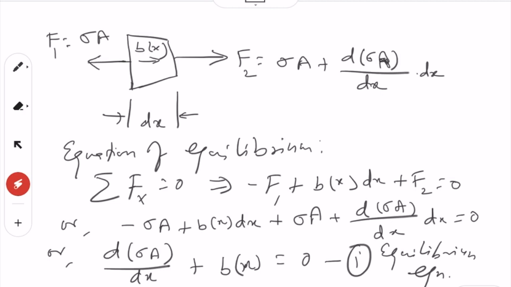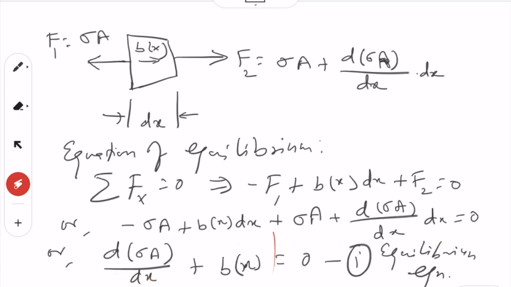Similarly, in case of diffusion, it will be conservation of charges or species. So, whatever is coming into a volume has to exit from that volume. It is the same kind of thing, because we are solving in equilibrium steady state. So, this is the equilibrium equation that we get from here.